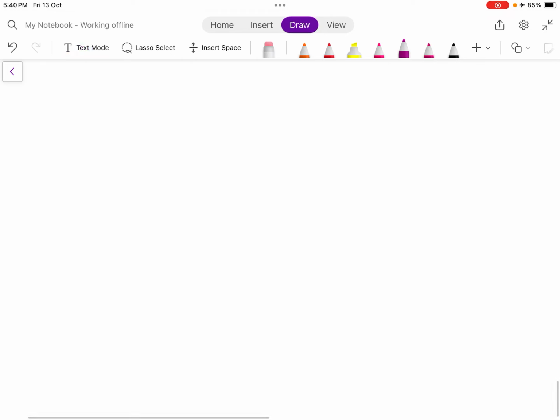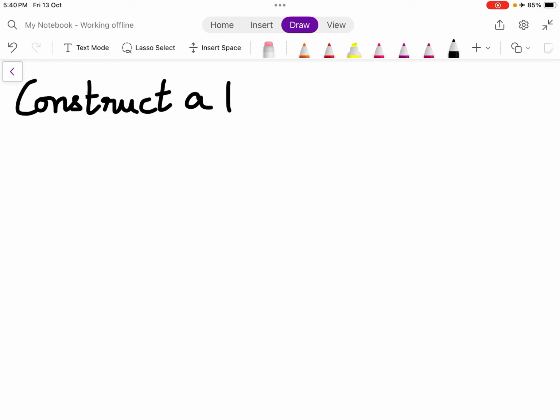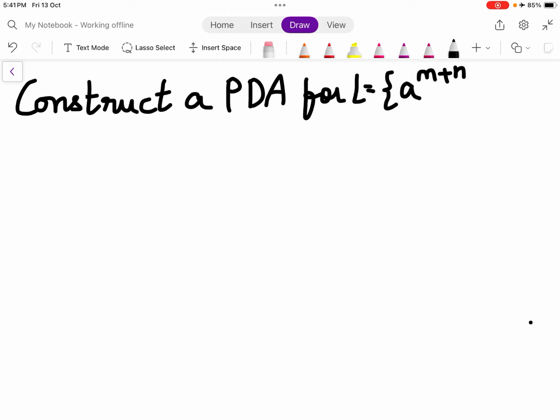Let's see one more example. Construct a PDA for language A raised to M plus N, B raised to M, C raised to N, M comma N greater than 0.